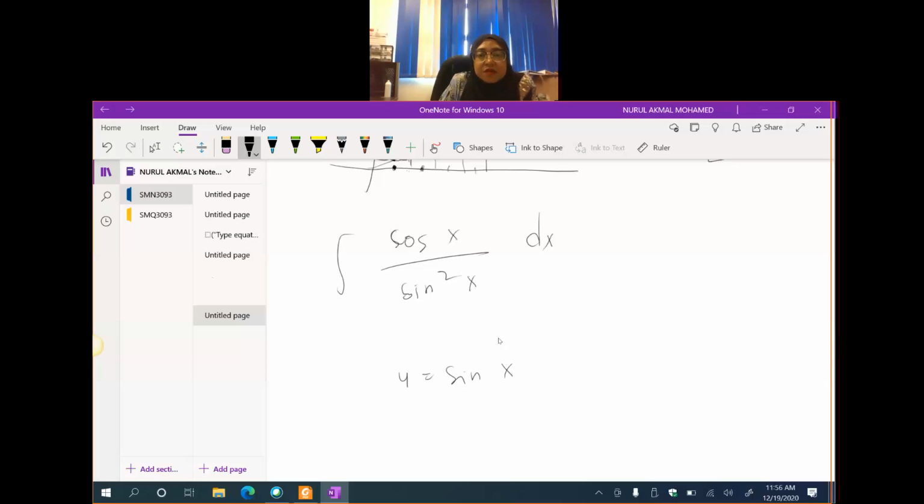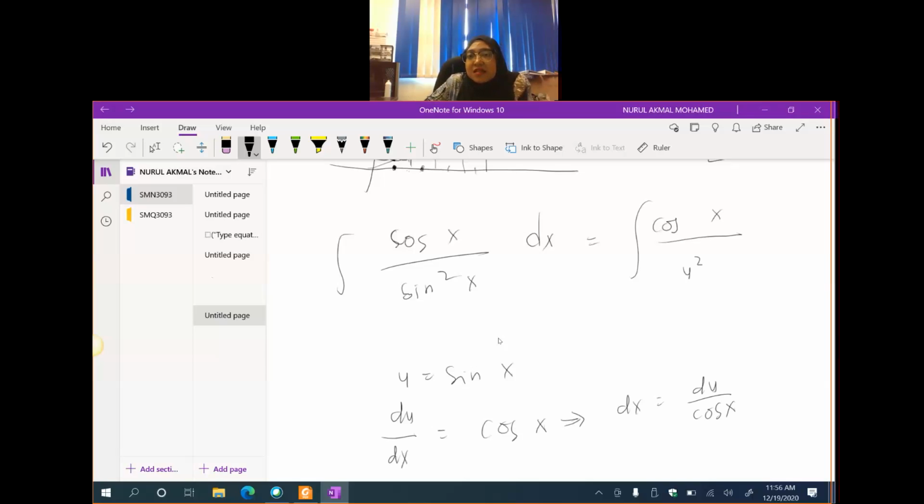So you differentiate u with respect to x, you will get du/dx equal to cos x. Then this one will be cos x divided by u squared. Here, dx will be du divided by cos x.